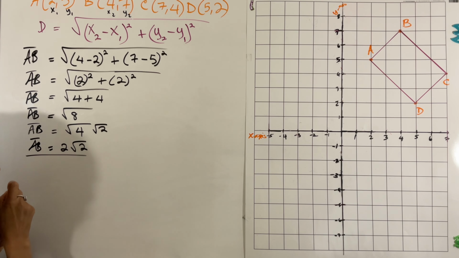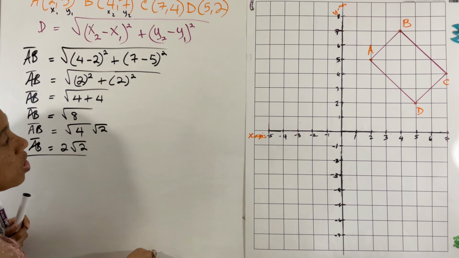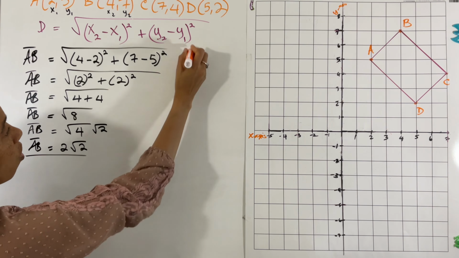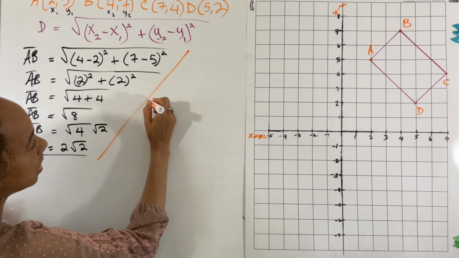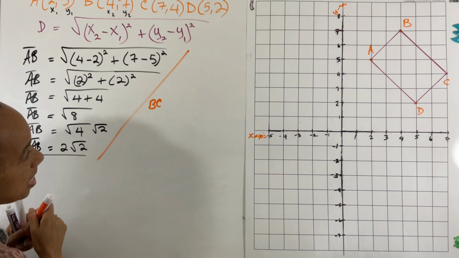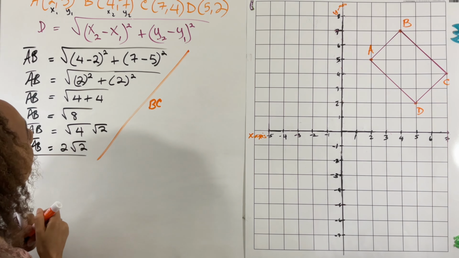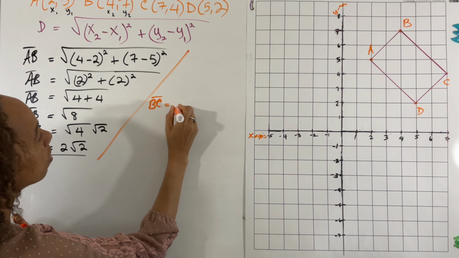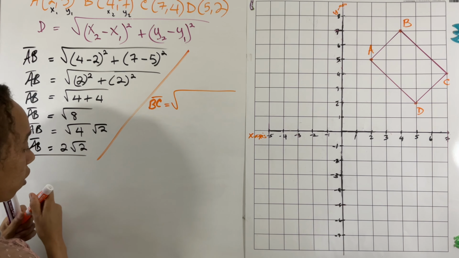You're not finished. That is only AB. We need to now find what BC is going to be. And so segment BC, which is that long segment there, we are going to label each of the coordinates first.